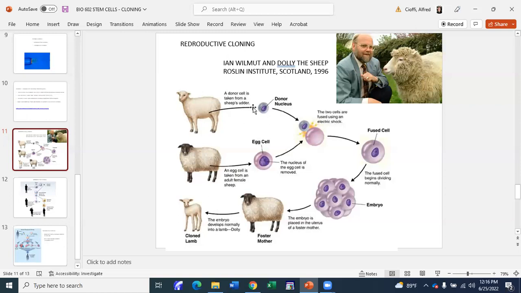So that somatic nucleus has already undergone trillions of cell divisions from the time that it started as a zygote and went forward into full differentiation. How many mitoses have occurred there? I don't know, but it's been millions, if not trillions of mitoses by the time that somatic nucleus is available for the transfer.